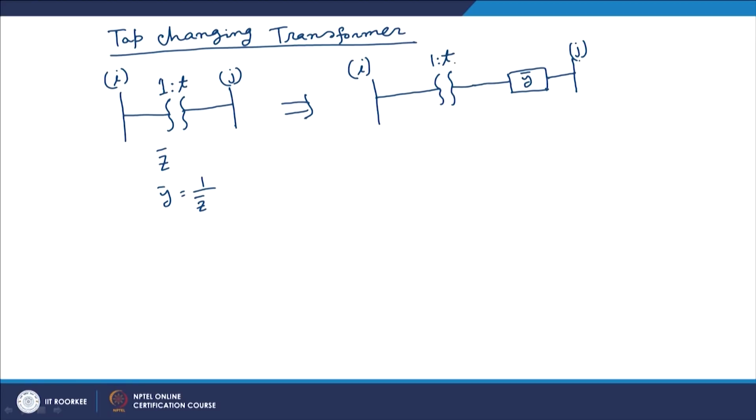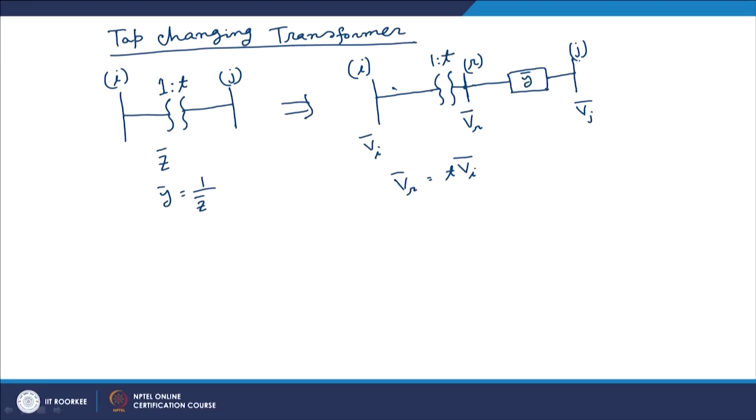Because this transformer has a tap ratio of 1:t, if I have a voltage Vi here, I will have a voltage at this point. Let us say this point is R. Let us create an artificial bus here, called bus R. I now have 3 voltages, Vi, Vj and Vr. Then I can say that Vr is equal to t into Vi, because this transformer has a 1:t tap changing ratio.